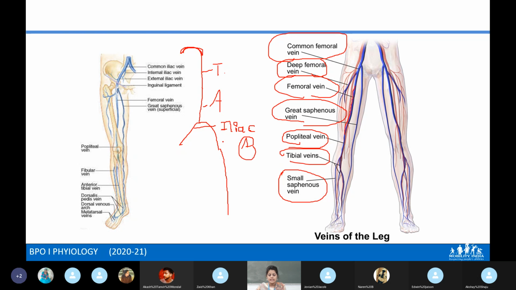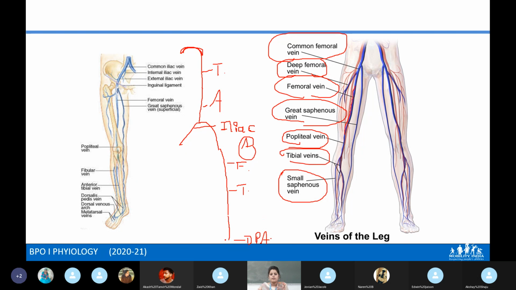Now this iliac artery, when it goes down at the femur region, is called the femoral artery, and as it goes down it supplies the leg, that is called the tibial artery, and as it goes down there is one more important, I said, dorsalis pedis artery, and there is also the posterior tibial artery.